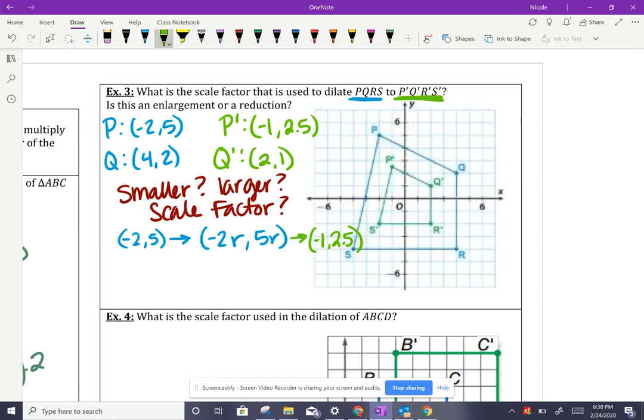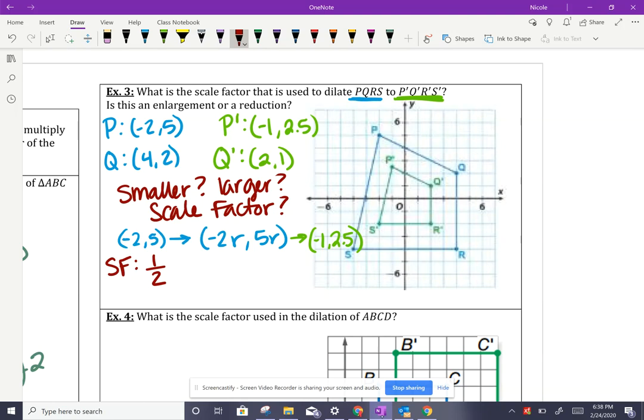So what times negative 2 would be negative 1? What times 5 would equal 2.5? Well, it looks to me like that scale factor, I'm going to put SF over here on the side for scale factor, is 1/2.